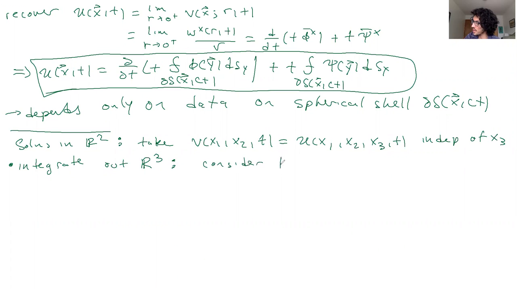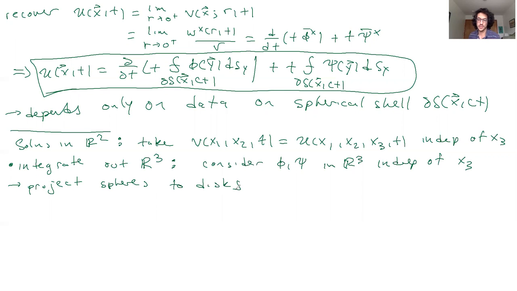To start doing that, I take phi and psi in R3 independent of x3. I'm going to essentially project the spheres that I'm integrating over to disks.